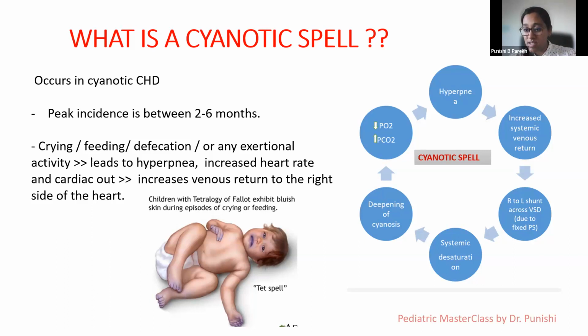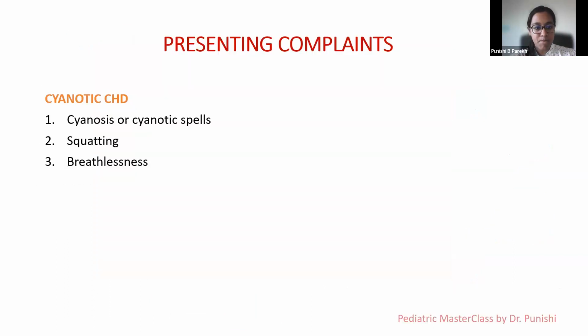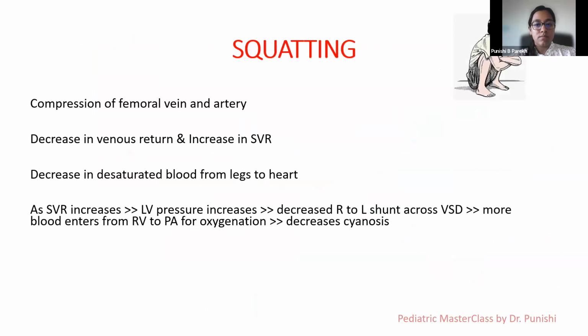Okay, someone's asking, ma'am, how does compression of the femoral artery result in increased SVR? So basically in this squatting position, when your femoral artery gets compressed, your femoral artery is basically a branch of your aorta. So what happens is the femoral artery gets compressed, and that back pressure, or that increased pressure, goes on getting transmitted backwards.